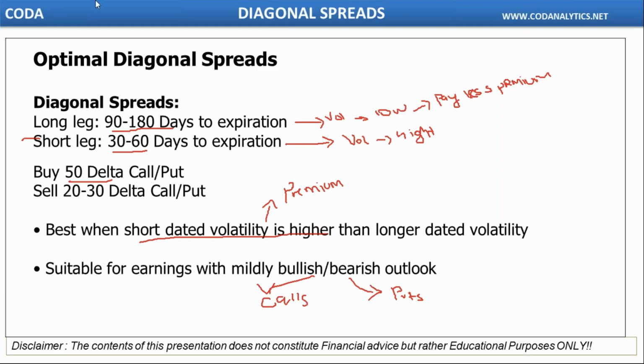It will move up and then it will move down, but not big jumps. It will take weeks to go $1. And that is when you can really gain on the short leg, because within one month it expires worthless. You keep that premium. If the conditions still remain, you again go ahead and either roll over or short another one, sticking to those conditions, and you implement it repeatedly until those conditions change.